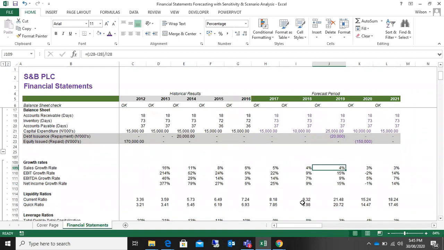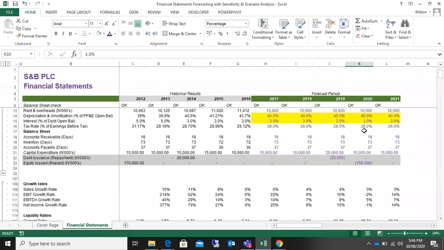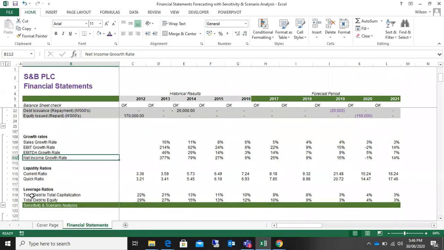So I can tell management that, okay, if the revenue growth rate changes from 4% to 3.5%, of course, we should know that that is going to have an impact on the sales growth rate. It's going to have an impact on EBITDA. It's going to have an impact on net income, right? It's going to have an impact on the total debt to total capitalization and also total debt to equity.